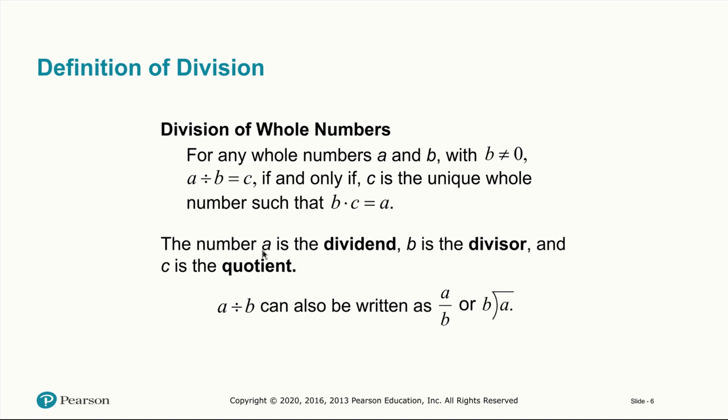The number a is the dividend, as we mentioned before, and b is the divisor, and c is the quotient. All right, so in other words, c would go here, and we're dealing right now with situations that do not leave a remainder, so that remainder would be 0 at this point. We'll deal with non-zero remainder situations very soon.